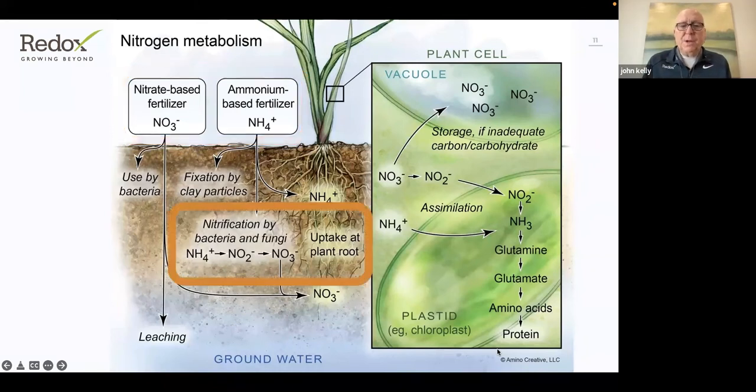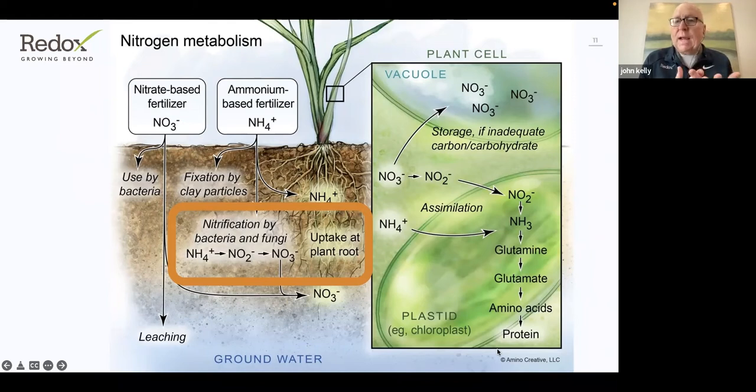Eventually, microorganisms are going to convert this nitrogen to nitrate nitrogen, and nitrate has a negative charge. The organisms that convert this, Nitrosomonas and Nitrobacter, are fundamental to why nitrogen efficiency is relatively poor.